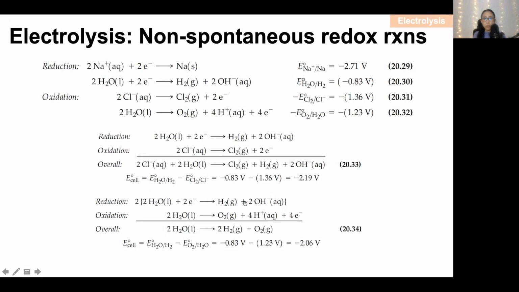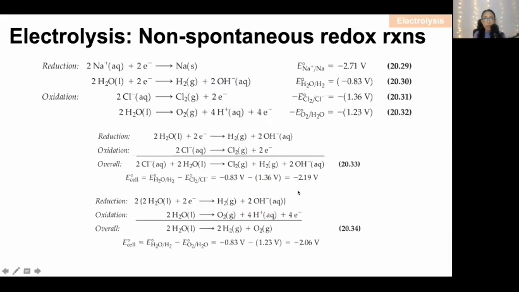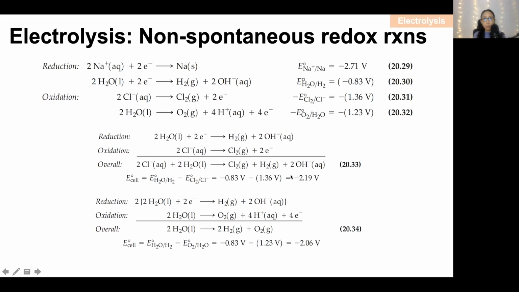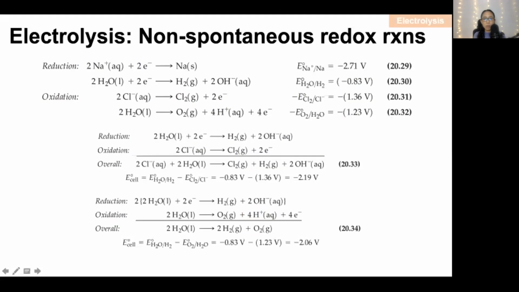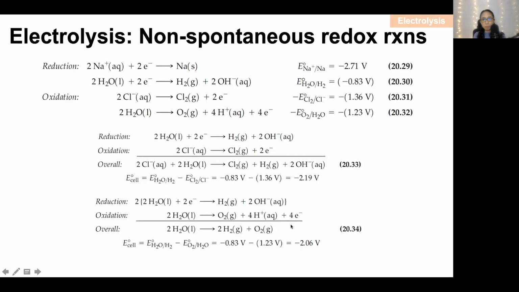Okay, so due to the higher overpotential of oxygen gas, most likely, ang products natin would be composed of hydrogen gas and chlorine gas. Majority ng products, hydrogen gas and chlorine gas. You will probably get some oxygen gas pero sobrang konti lang.